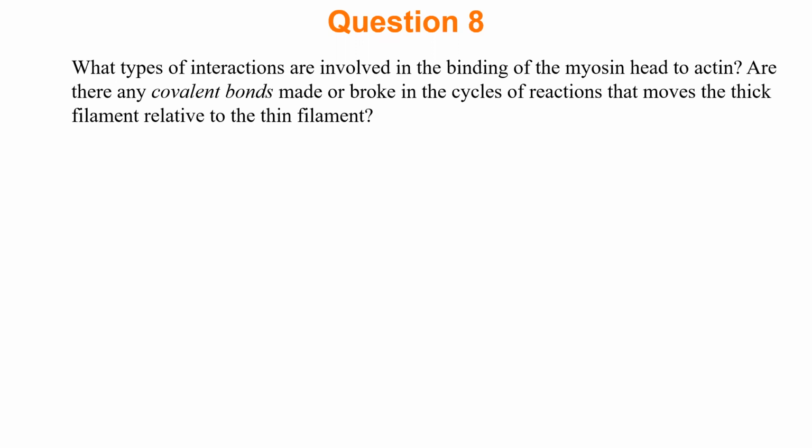And what type of interactions make myosin and actin interact? And I guess the question really that I want to ask, does actin and myosin make covalent bonds? So let's start with that question and just a simple yes or no.